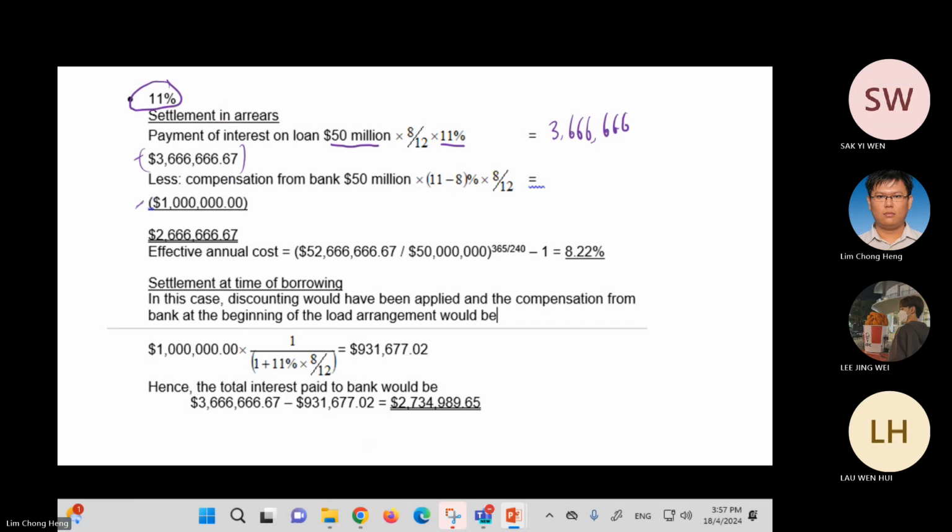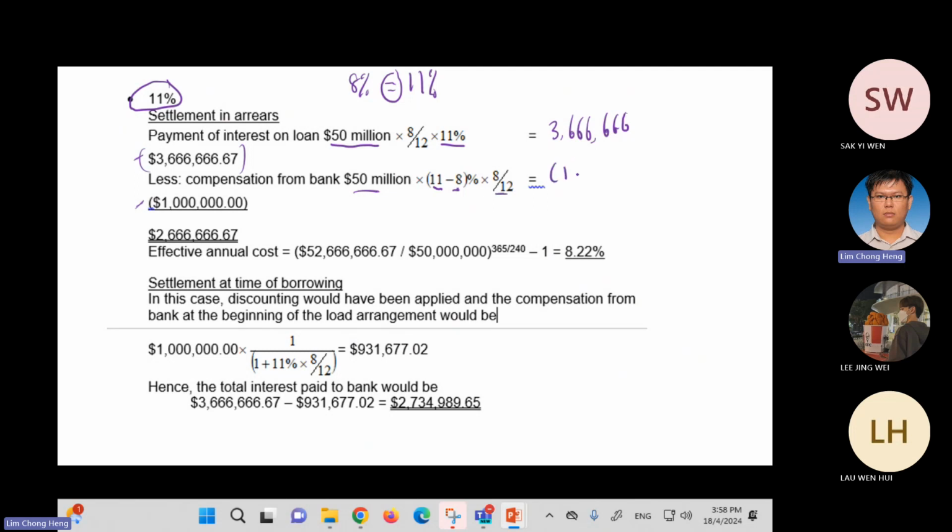Calculation. Okay. You lock the interest at 8%. Now the market is 11%. So in this situation, you can get compensation from the FRA seller. How much will they compensate you? 11% minus 8%, they will pay you 3%, times 50 million and 8 months.